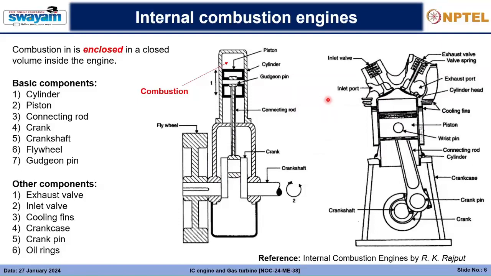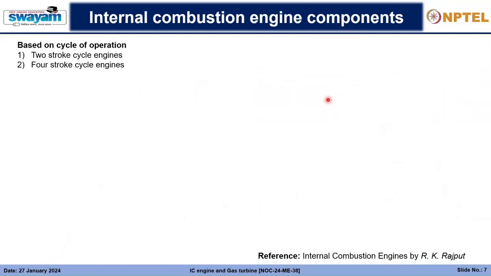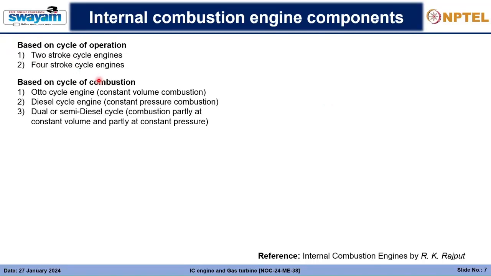Now we will get to the classification of different types. We learned about the engine components, but now we will talk about how engines can be classified. Based on the cycle of operation, there can be two-stroke cycle or four-stroke cycle engines, and need not worry, we will get to know each and everything.